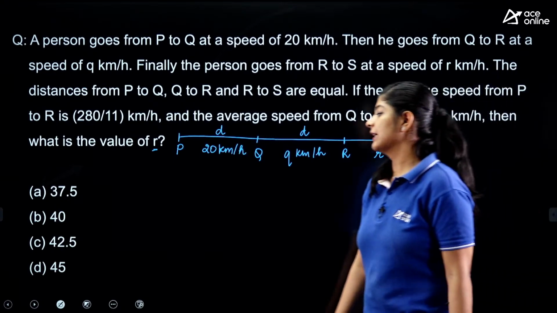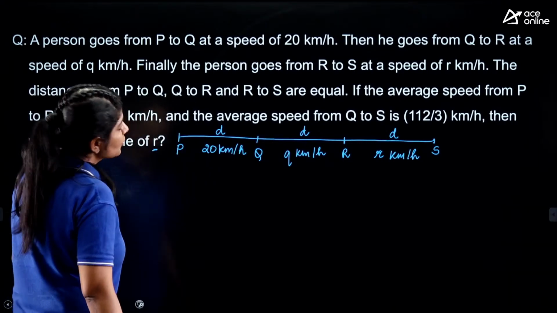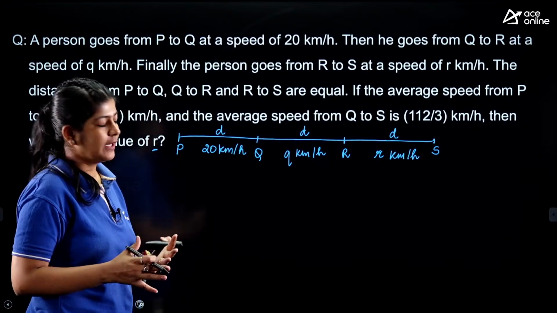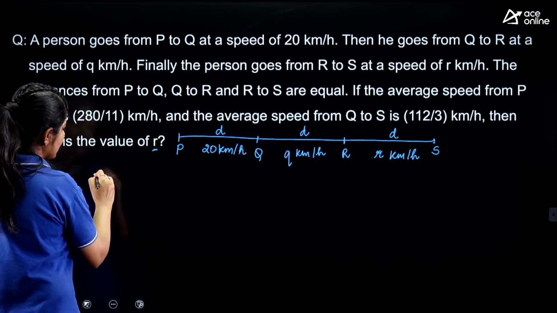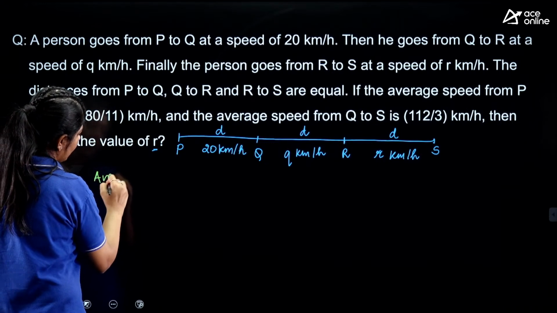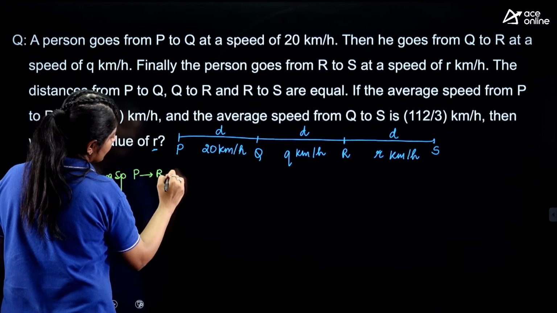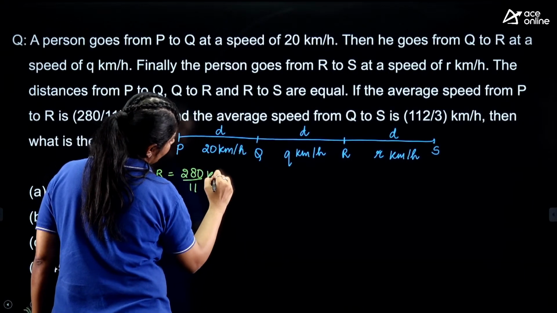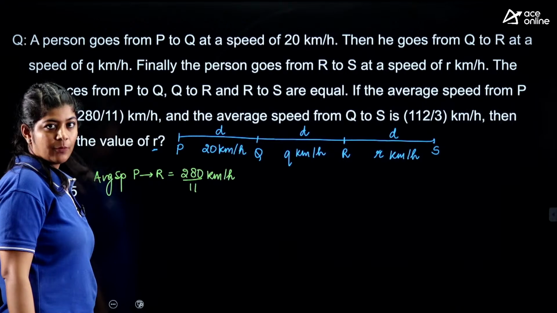Okay, let's start discussing this. If we have data on average speed, we will use the concept of average speed. The question says the average speed from P to R is 280 by 11 kilometers per hour.